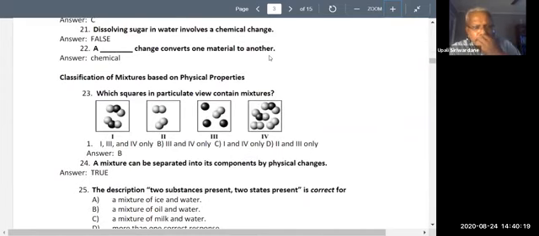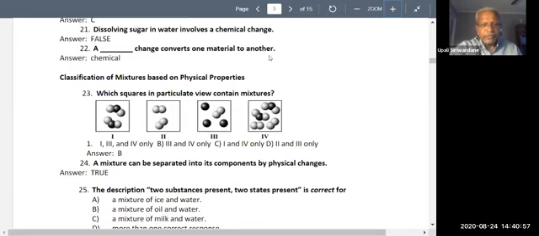Now, number 23, which will contain mixtures. A mixture is 2 different elements, or a mixture of elements and compounds. Do you see 3 and 4 have elements? 3 has a mixture of elements. 4 has a mixture of elements and water.